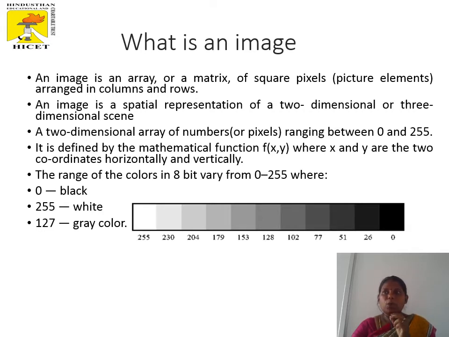It can also be a mathematical function f of x comma y, where x and y are horizontal and vertical coordinates, and the range of colors in 8-bit varies from 0 to 255. The diagram shows that 0 is black color and 255 is white color, and in between, 128 is called gray color.